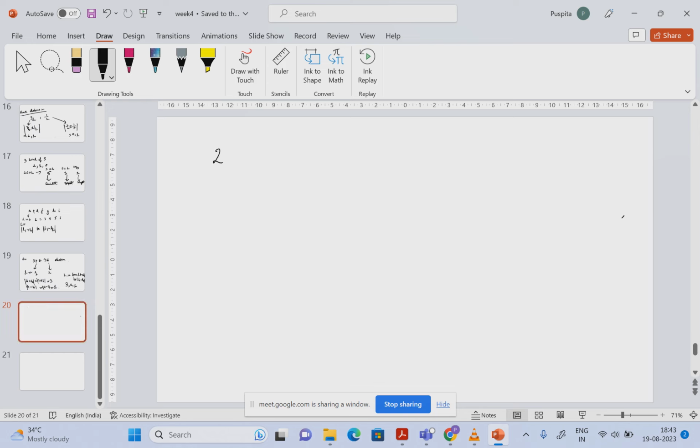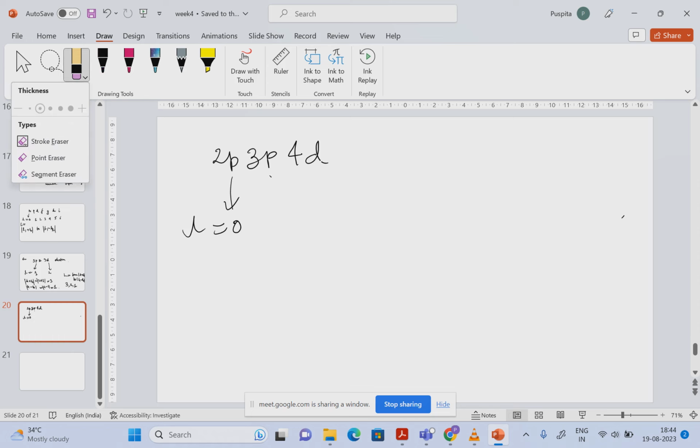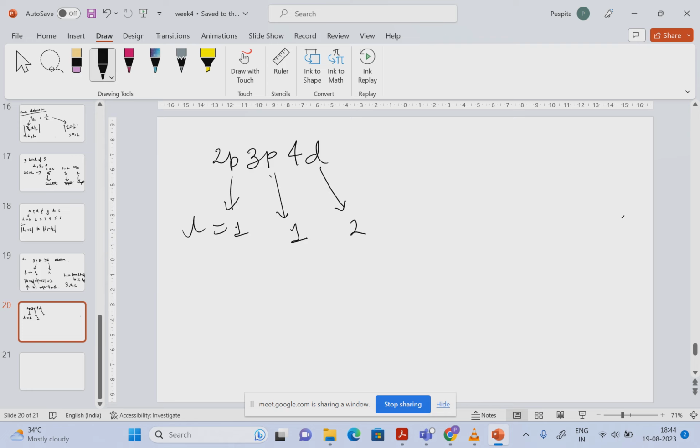Another example is 2p, 3p, 4d electrons. So for p, L is 1, and again 1, and d is 2.